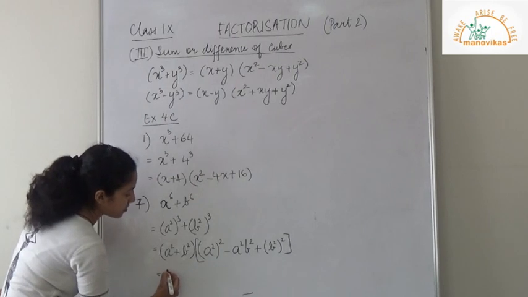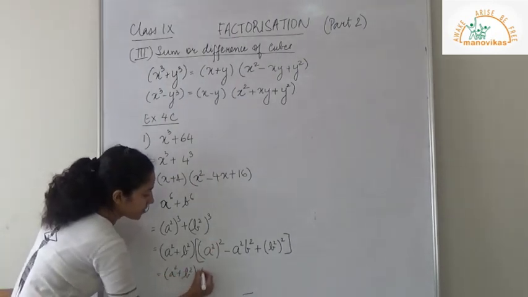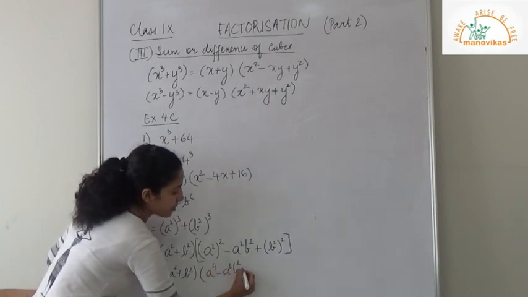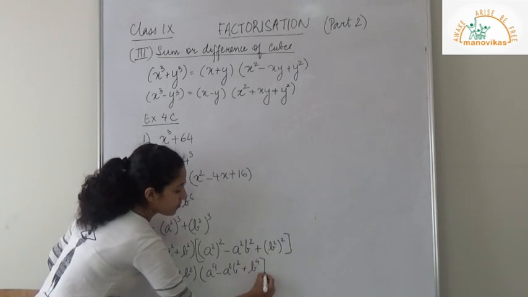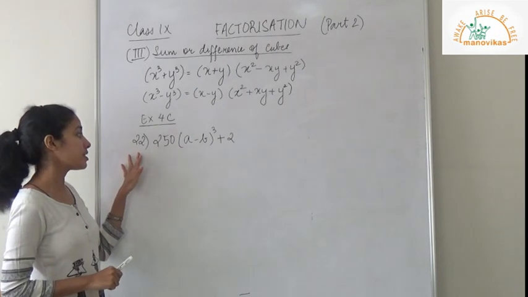Expanding further, opening up the brackets, you will get a raised to 4 minus a square b square plus b raised to 4.